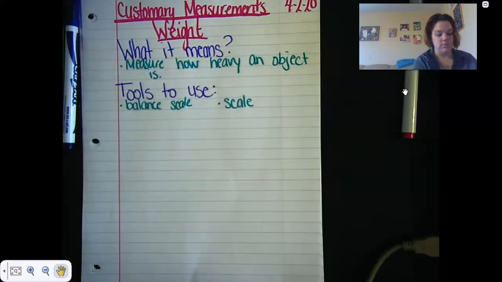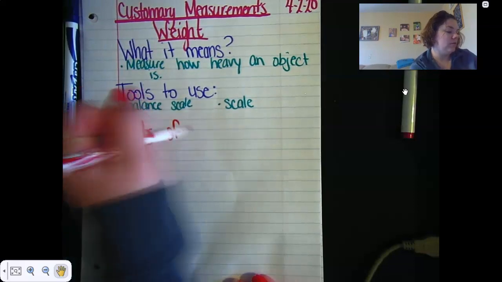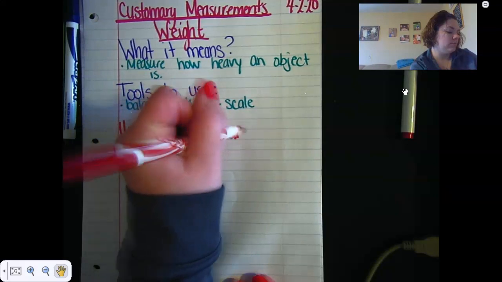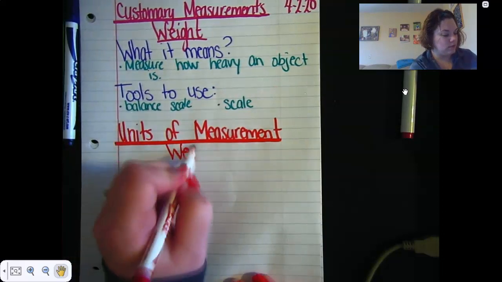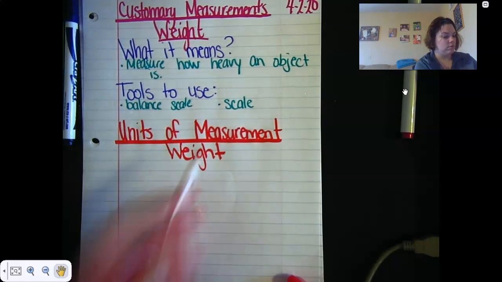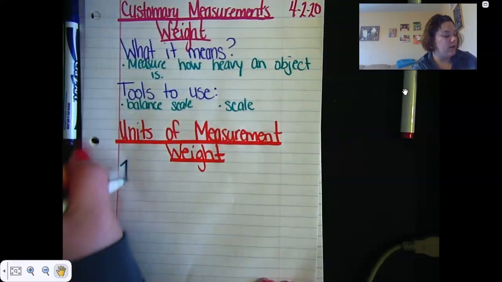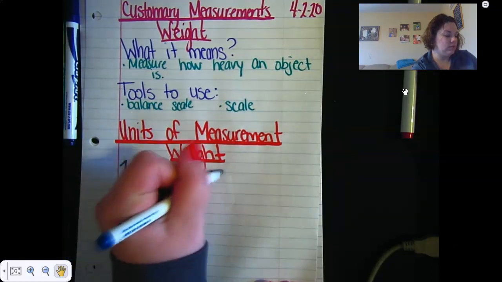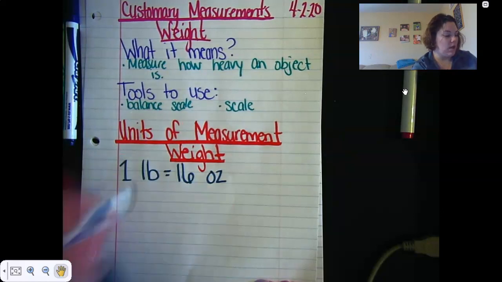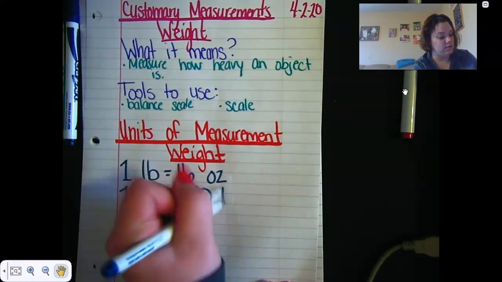Okay, now our units of measurement. For weight, okay, we have 1 pound, which equals 16 ounces, and 1 ton equals 2,000 pounds.